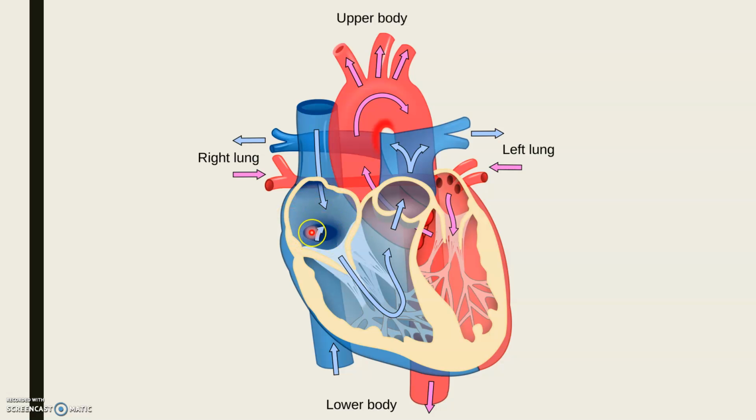It's pumped to the right ventricle. From the right ventricle, it's pumped through the pulmonary arteries to the left and right lungs, where the blood picks up oxygen through the alveoli. It then returns through the pulmonary veins, now carrying oxygen-rich blood to our left atrium, pumped down to the left ventricle, and then pumped through the aorta to the rest of the body.